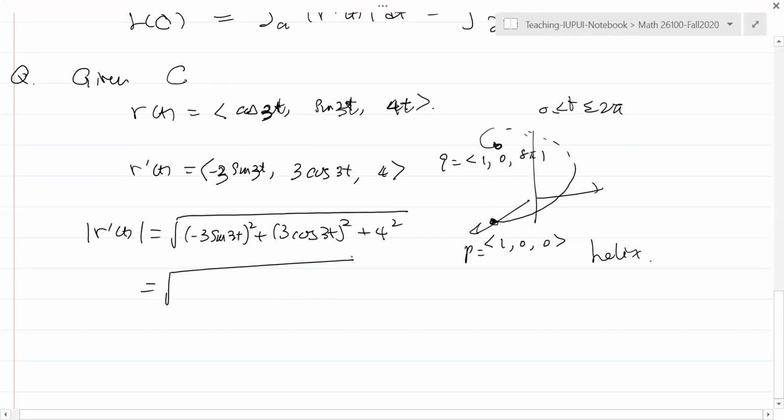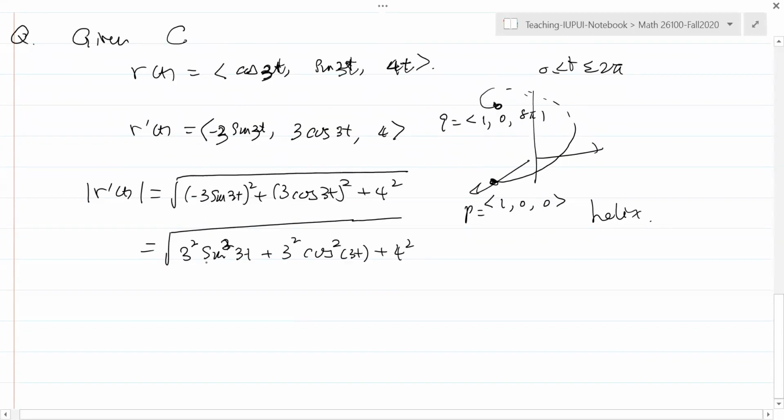When you square it, you get 3 squared sine squared 3t, and here 3 squared cosine squared 3t, then 4 squared. Then the sine squared plus cosine squared is going to be 1. Add them together, you take 3 squared out.